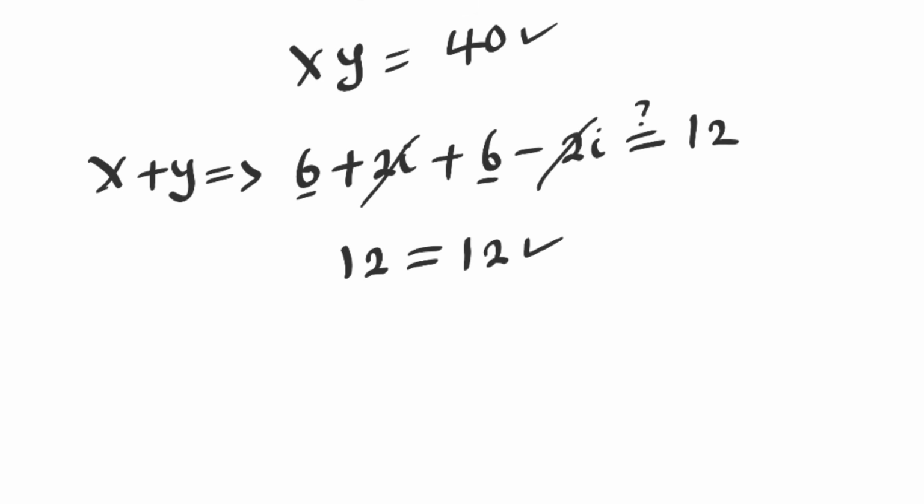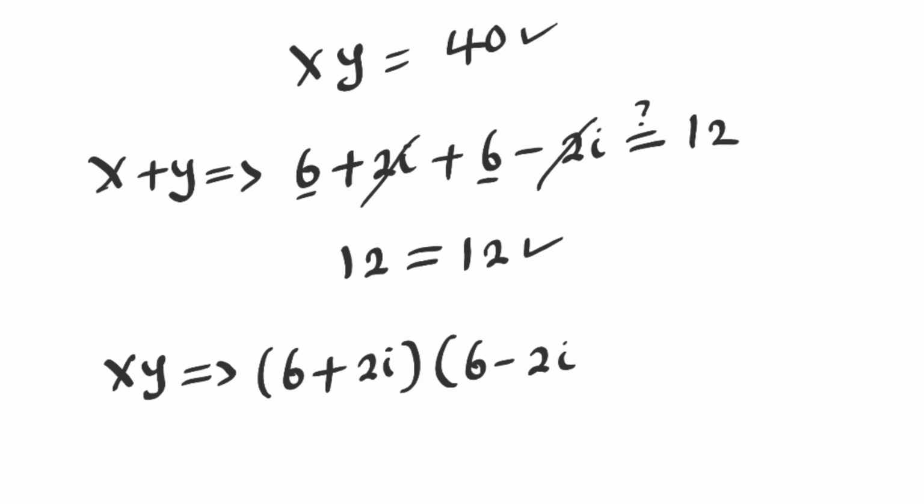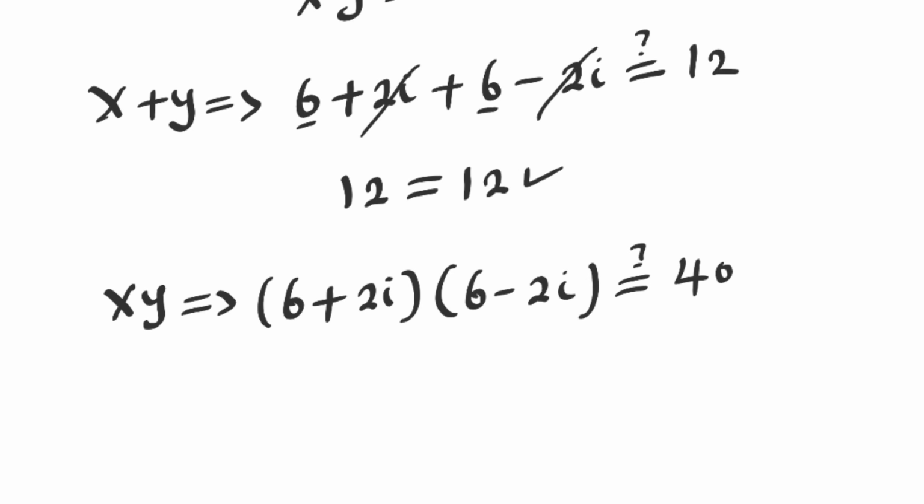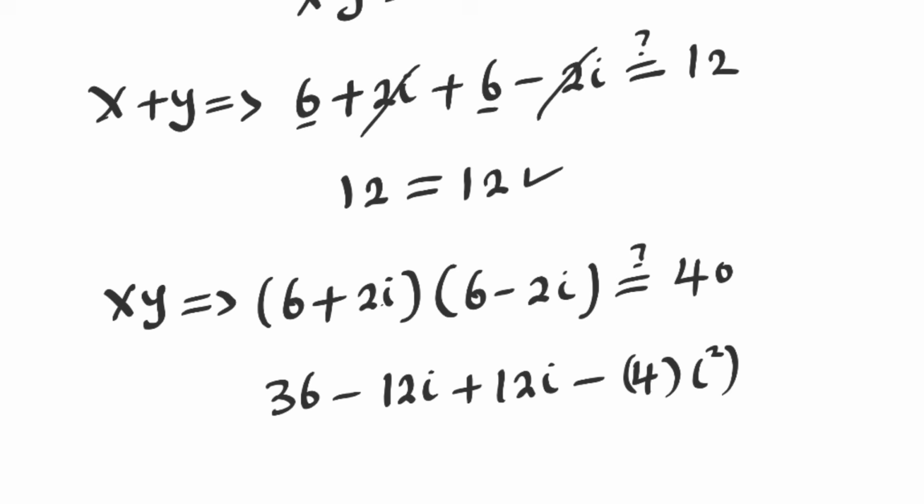Let us consider this. xy is 6 plus 2i multiplied by 6 minus 2i, must be equal to 40. 6 times 6, this is 36, minus 6 times 2i, this is 12i, plus 2i multiplied by 6, that is 12i, then 2i multiplied by minus 2i, that is minus 4i square, must be equal to 40.